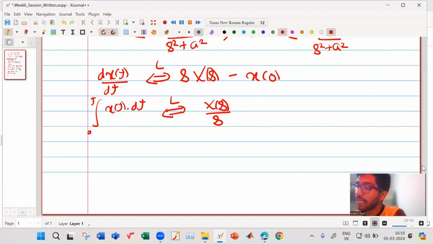Further, one more thing I would like to add is: what is the Laplace transform of x of t minus a? What is the Laplace transform of this? No, not that. What is the Laplace transform of e raised to at x of t?